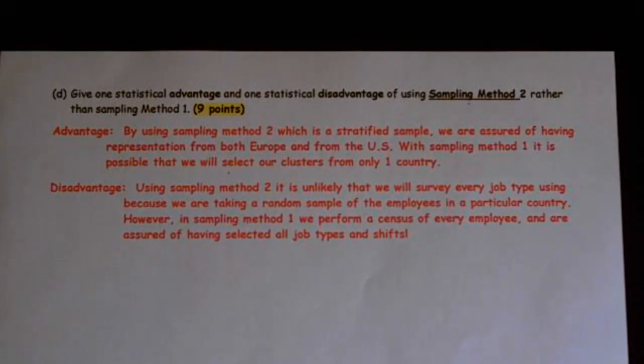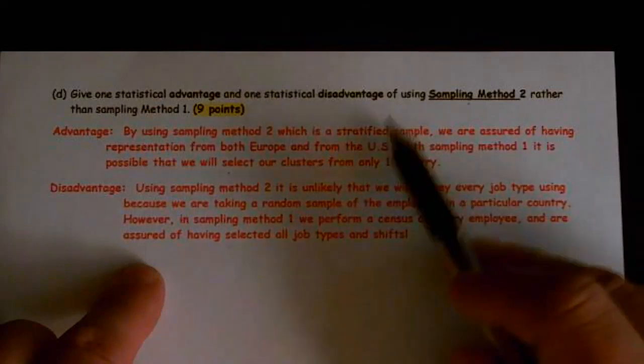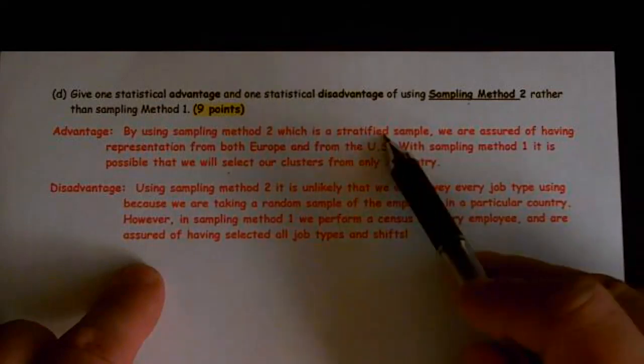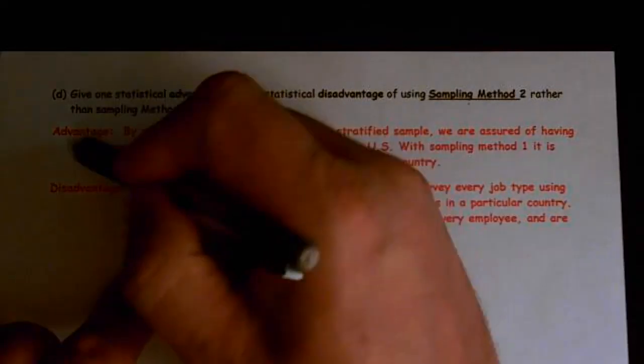And with sampling method 1, it's possible that we select clusters from only one country. So once again, I addressed both of them. This is what will happen with the stratified. This is what could happen with the cluster. Now we know the advantage of the stratified.